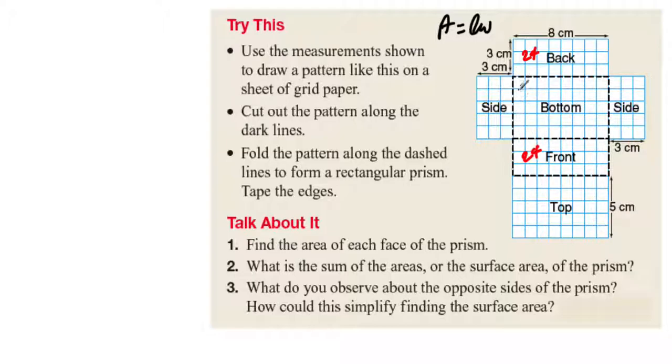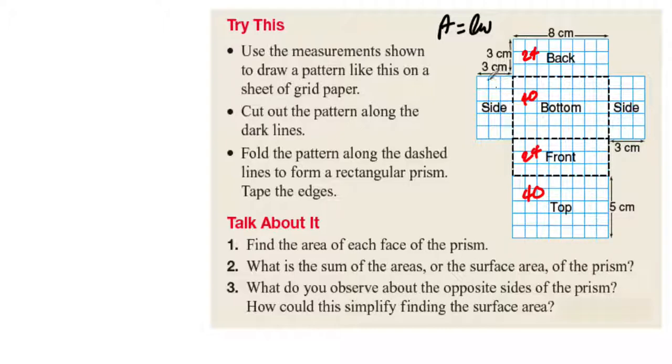The bottom area would be 8 units across, and you have 5 centimeters as the width, 8 centimeters as the length. If I multiply 8 times 5, I'll get 40 square centimeters for the bottom, and obviously the bottom is parallel to the top and they both have the same area, so the top is also 40 square centimeters.